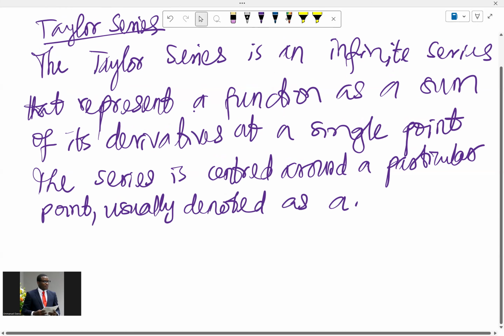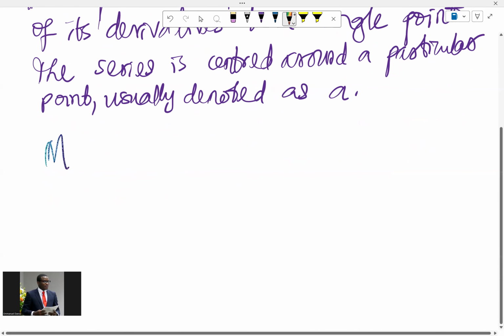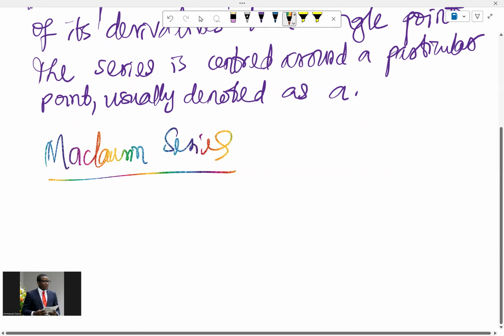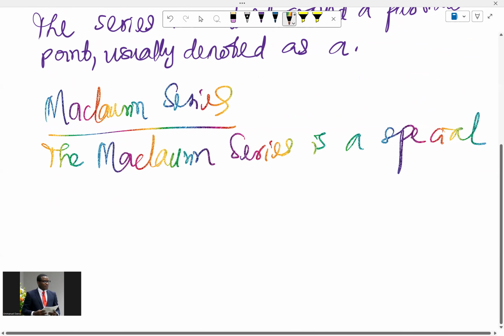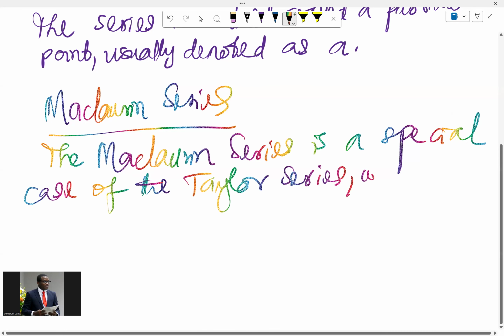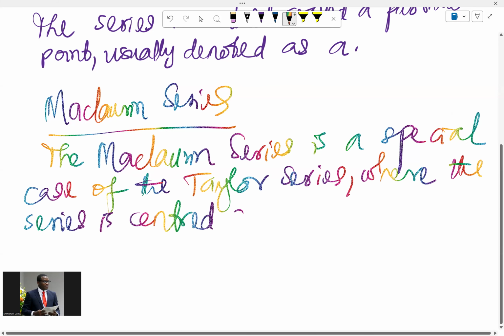Okay, so that takes us to the idea of Maclaurin series because they are really close. Maclaurin series. Okay, the Maclaurin series, on the other hand, is a special case of the Taylor series, where the series is centered around A equal to 0.